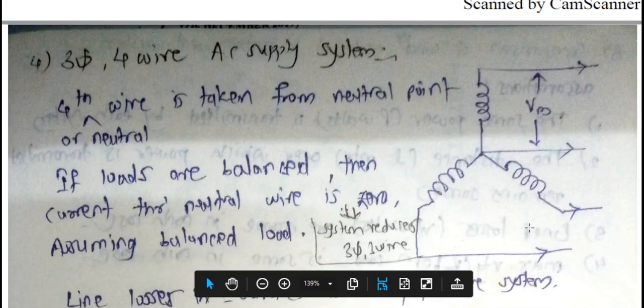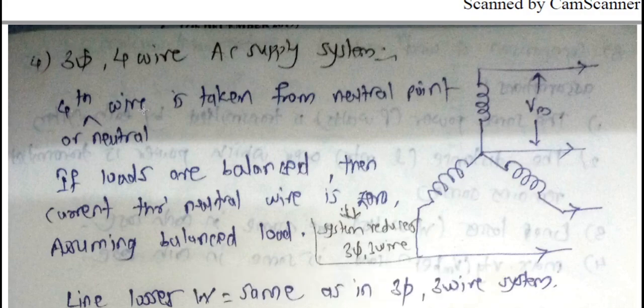Now the next, fourth classification is the 3-phase 4-wire AC supply system. The fourth wire is taken from the neutral point. So this neutral can be taken out from the star. Let's say the loads are balanced, so these load values are the same.